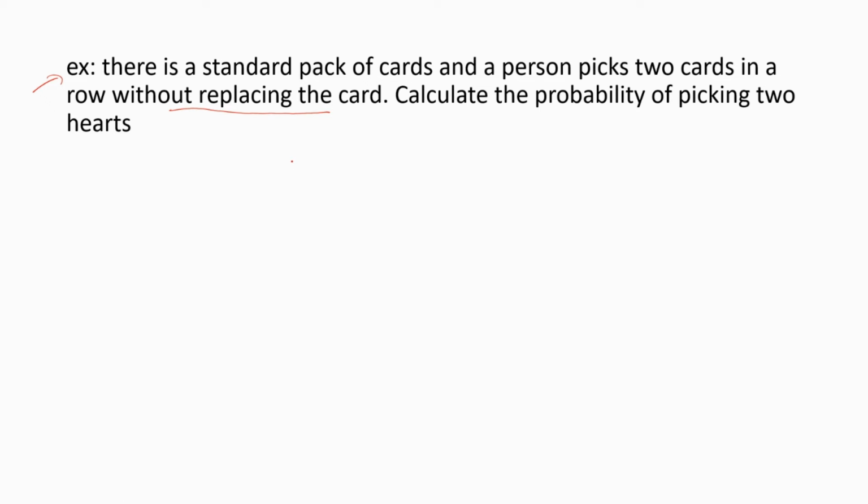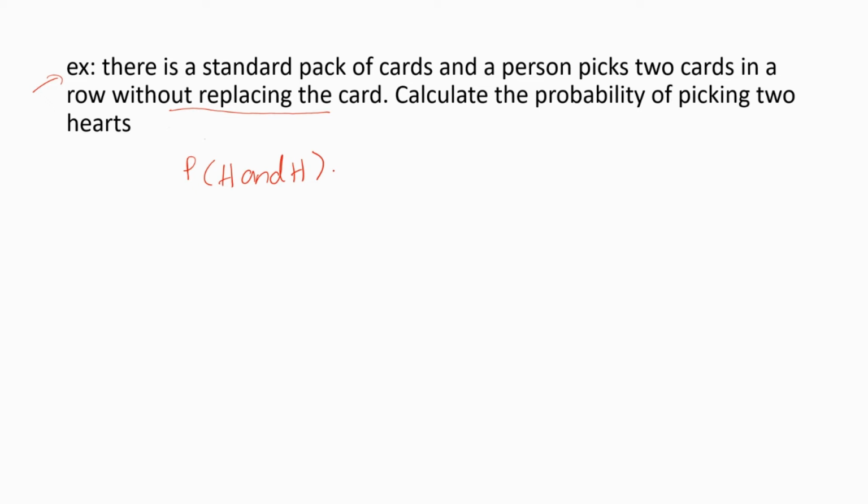A person is picking a card from a pack of cards, but without replacing that first card, the person is again picking a card. So, in the second time, there will be only 51 cards because the person is keeping the first card. So, in this example, we have to calculate the probability of picking two hearts, which means probability of picking heart and heart. This is what they are asking.